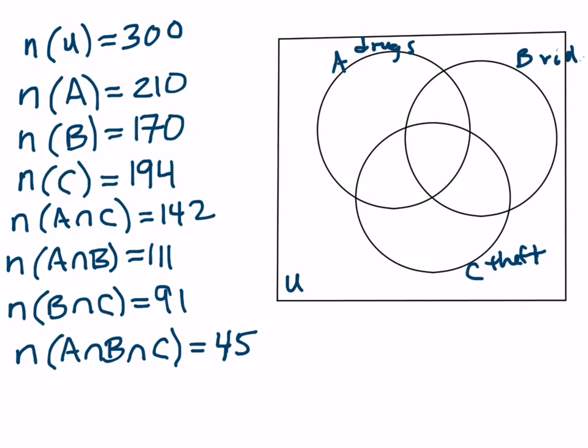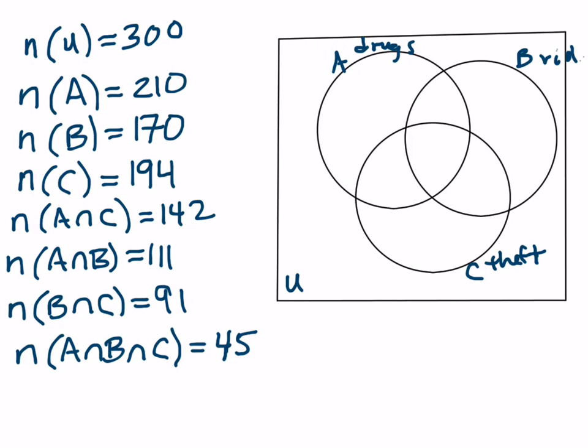Just want to keep those numbers straight. Now we have 3 different sets, so we have 8 different regions. We've got 7 inside the circles, and then this 8th region outside, which represents possibly any of those inmates who were arrested for something other than those three types of crime.